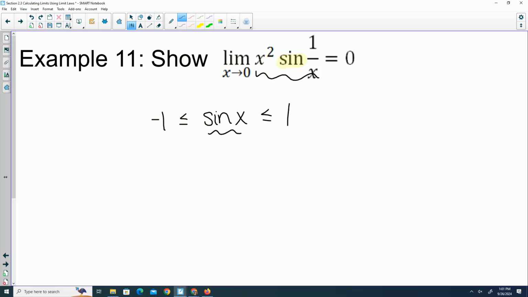No, because remember, in trig, that angle changed the period, like how quickly our graph repeated, but it didn't change the high and low points. So I can go from here and say, well, I really need this to be a 1 over x, but sine is always between -1 and 1, no matter what my angle. So the sine of 1 over x would also be between -1 and 1.